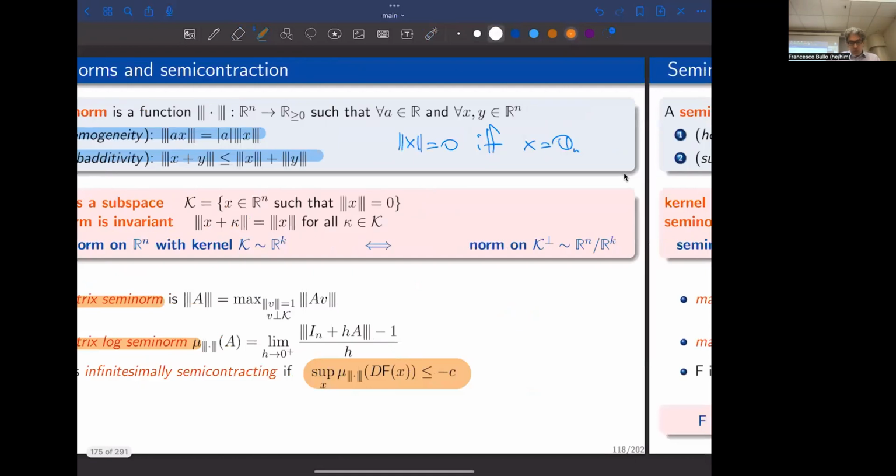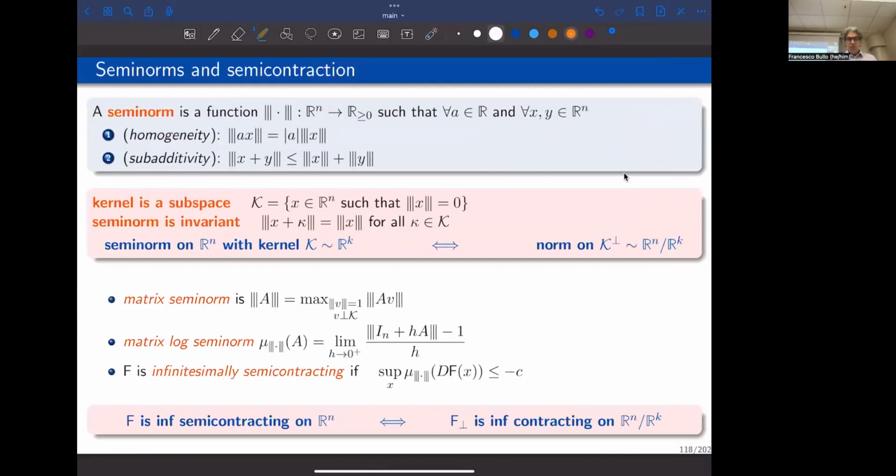But the good news at the end of the day is very, very simple, very intuitive, and this is the good news that I would like to share with you here. If you do the right definition and the right theory, and your vector field has this invariance property, then proving that the vector field on the full space is infinitesimally semicontracting, which is to say the supremum of the semi-log norm of the Jacobian is less than or equal to C, is exactly the same as proving that its reduced dynamics on the correct perpendicular space is strongly contracting.